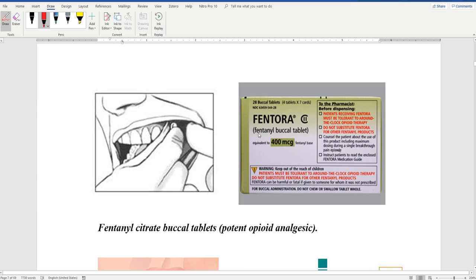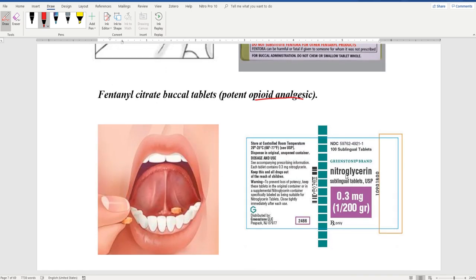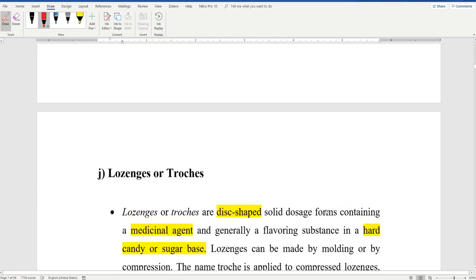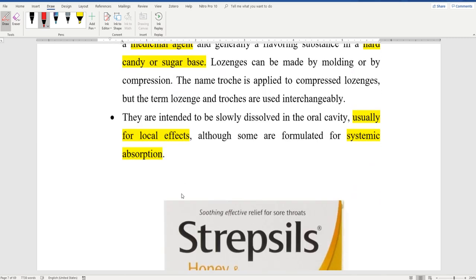Here you see the fentanyl buccal tablets, and these are opioid analgesic, مسكن يعني. And here you see nitroglycerin, which is sublingual, that is used to prevent angina pectoris from happening. Okay, the other type of tablets اللي هو lozenges or troches. Now lozenges, maybe you are familiar with it.